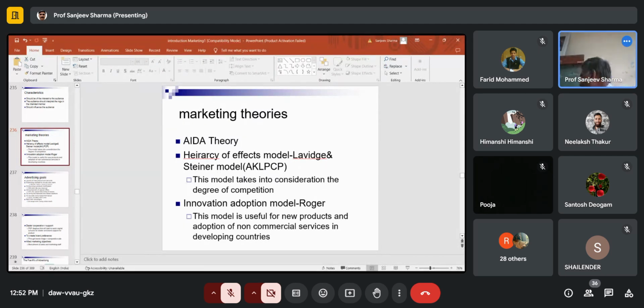What does this mean? Let's purchase. Awareness, knowledge, liking, preference, conviction, purchase. So, what are you doing? To generate interest, you will do two things. You will create a certain knowledge base and you will get certain settings. So, you develop a liking, you will do it through two means.